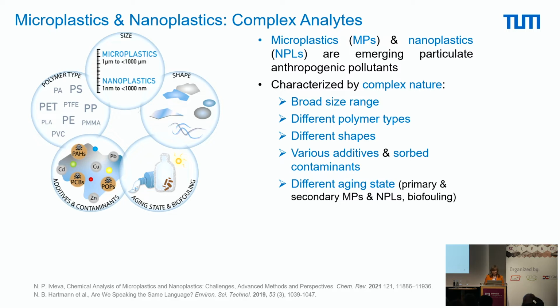These particles have become emerging particulate anthropogenic pollutants, and from an analytical point of view, they are a really complex analyte. We have a broad size range for microplastic from 1 micrometer to 1,000 micrometer, and particles smaller than 1 micrometer are defined as nanoplastic. We have different polymer types: polyethylene, polypropylene, polystyrene, and so on.